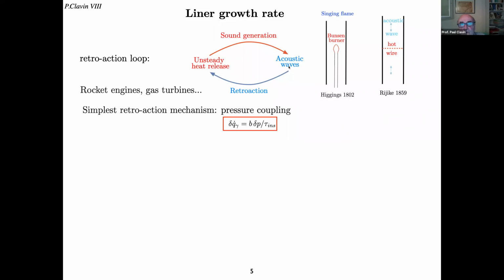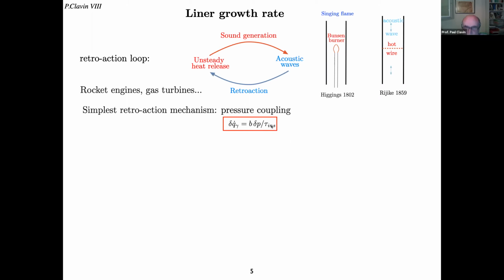You know, this retroaction here through the pressure coupling says that when you increase the pressure, you increase the heat release rate, you see? And for dimensional reasons, because this is an energy per unit volume and unit time, the fluctuation of the pressure should be divided by a time.